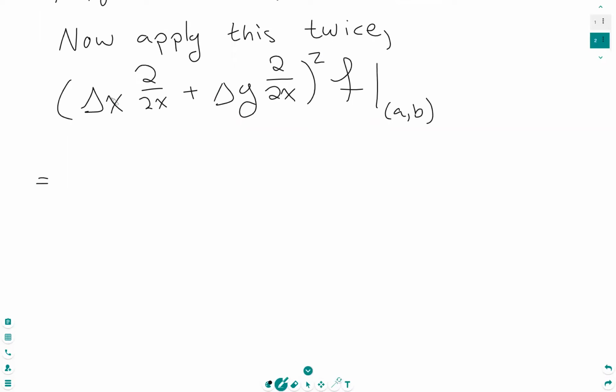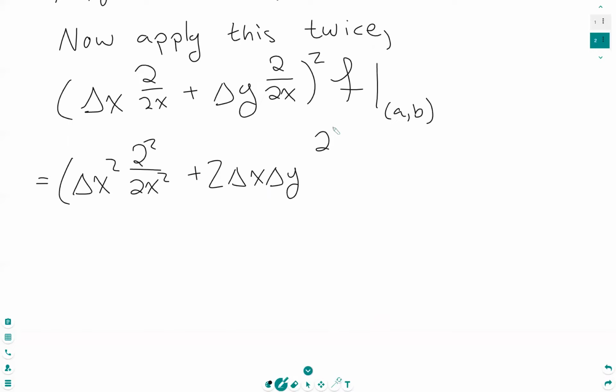Well, think about it. If we square out this differential operator, we get a delta x squared. We get a second derivative with respect to x. And then we get the cross term, which is 2 delta x delta y of partial x partial y.